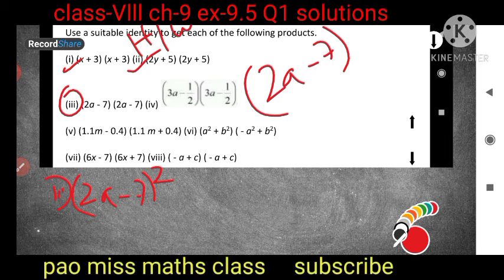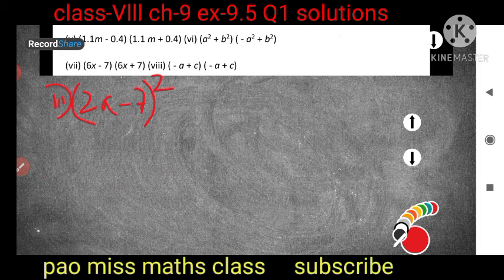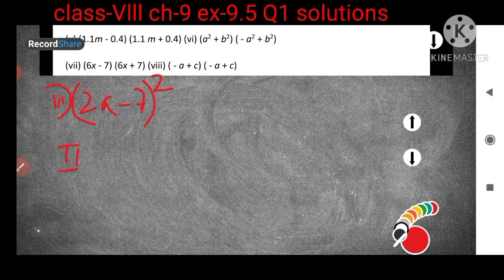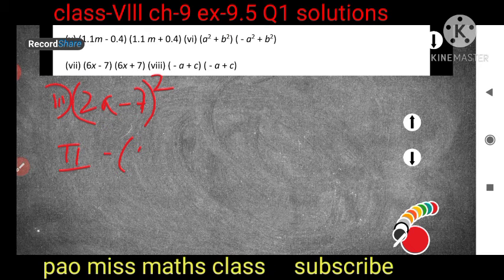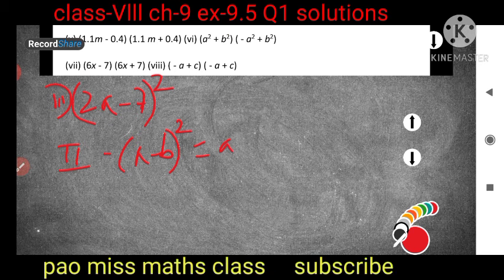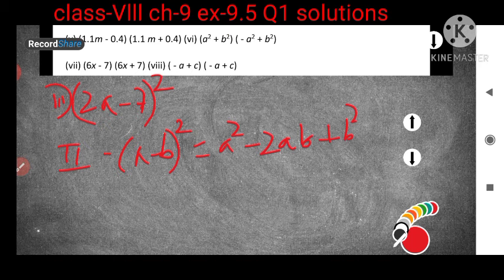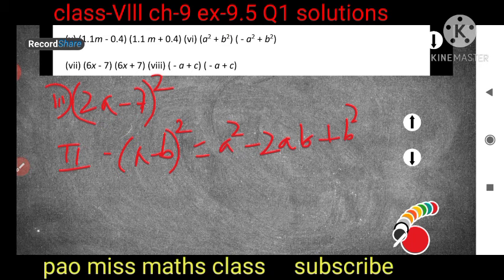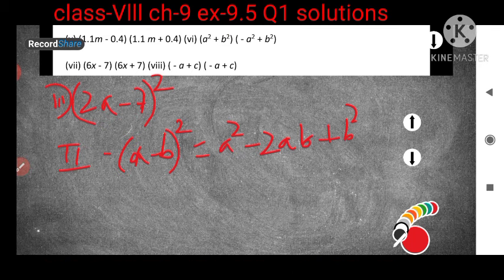So for question 3, we can write 2a minus 7 whole square, and here we will use the second identity. The second identity is a minus b whole square is equal to a square minus 2ab plus b square, isn't it? Now what is the value of a here? If you combine these two, a is equal to 2a, isn't it?